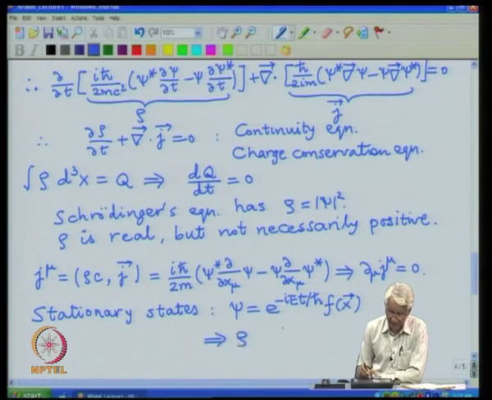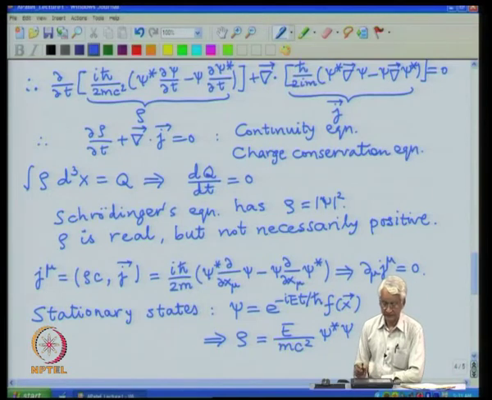The time derivative is essentially acting only on this particular phase, and one can rewrite this whole expression as rho is equal to E by mc square times psi star psi. And this now makes the connection with the non-relativistic situation explicit.